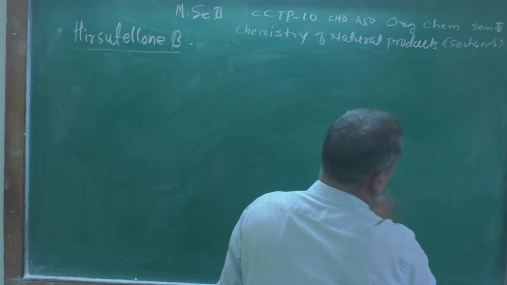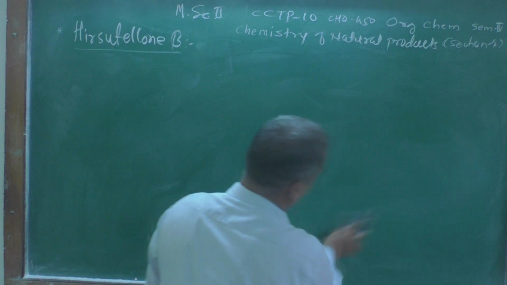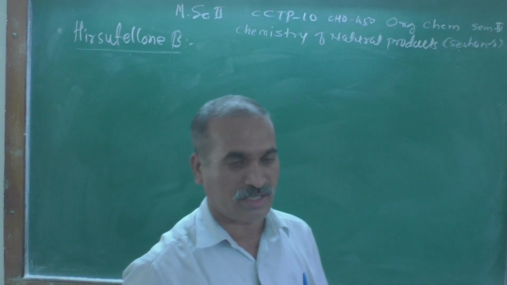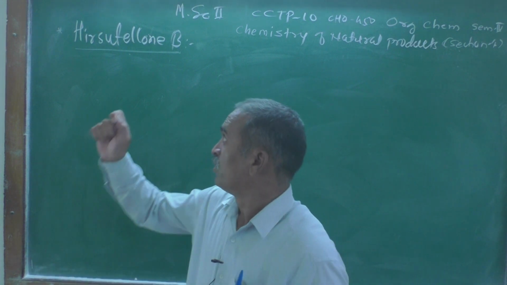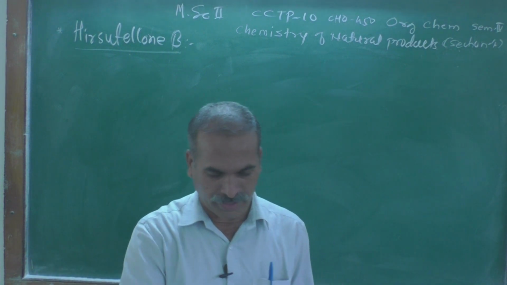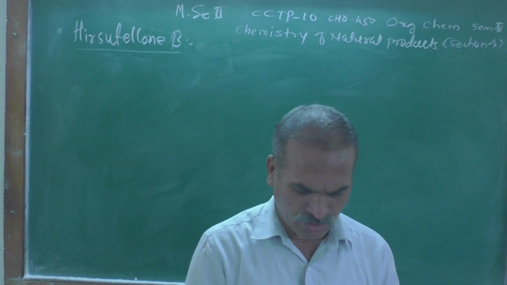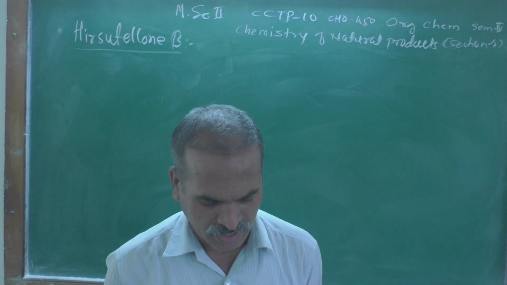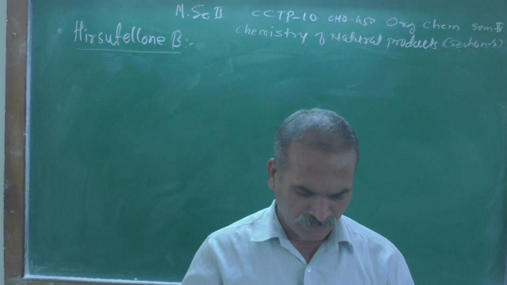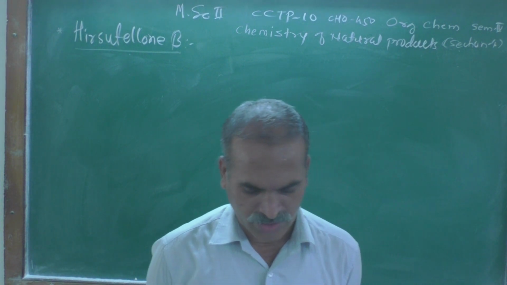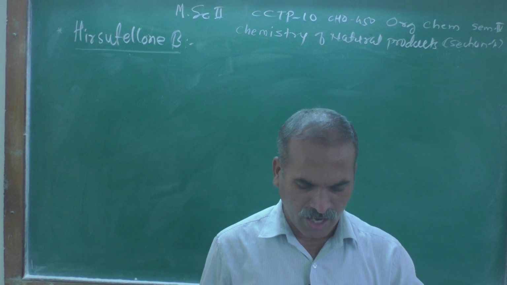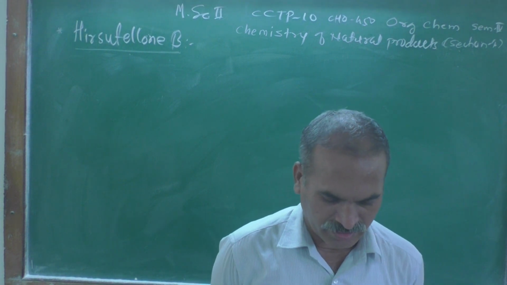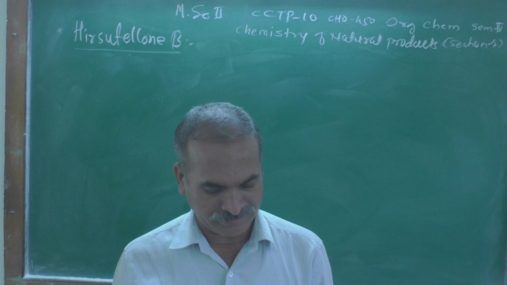Now let's go back to our original discussion where we were discussing the synthesis of hirsutolone B. So that Z olefinic iodide was subjected to selective ozonolysis to afford iodoaldehyde 8 in 80% overall yield.